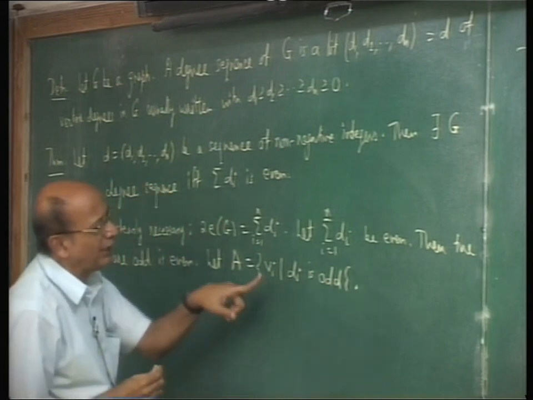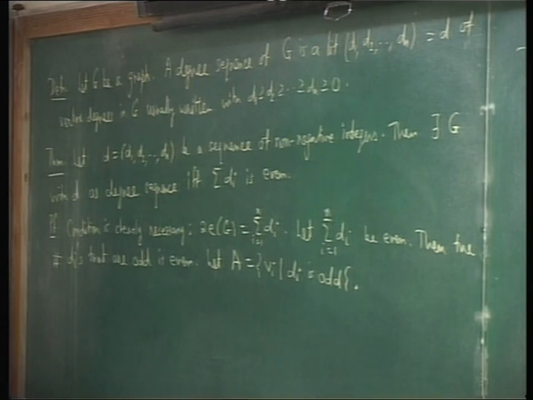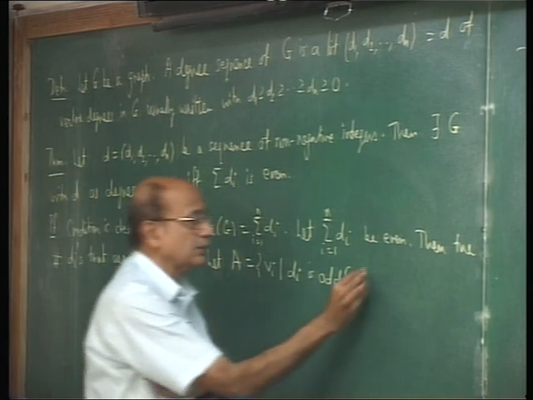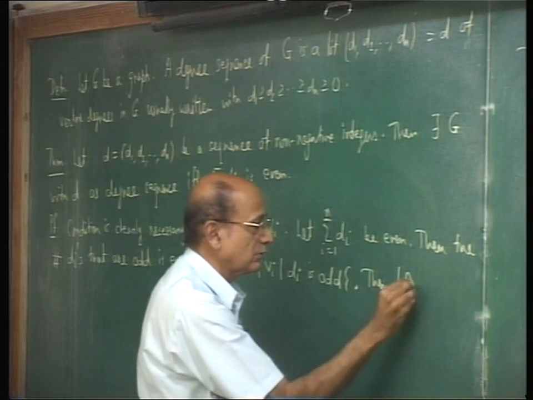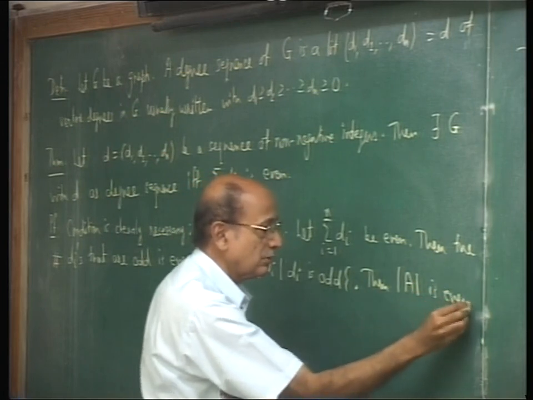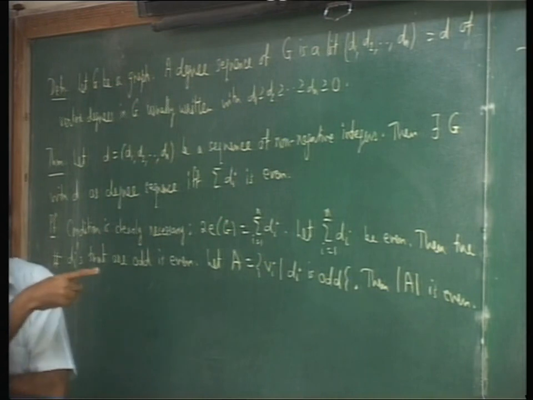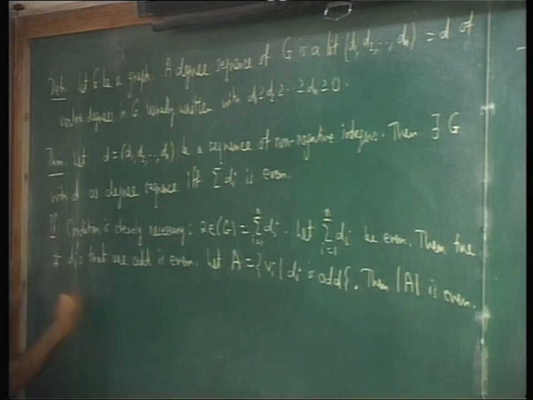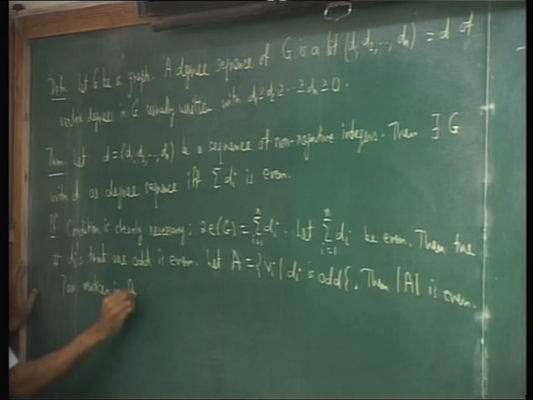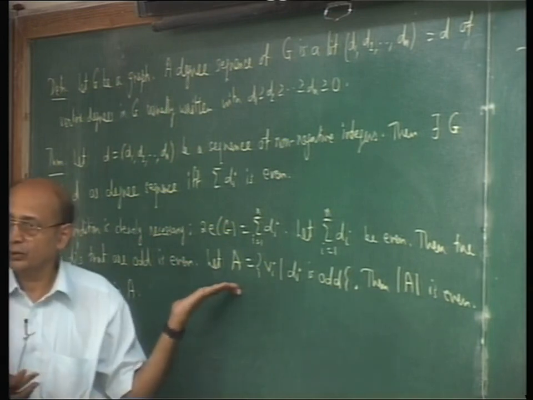You want V_i to have degree d_i. Pair up these vertices, pair up the vertices in A. So suppose there are 10 vertices here, form 5 pairs, okay.